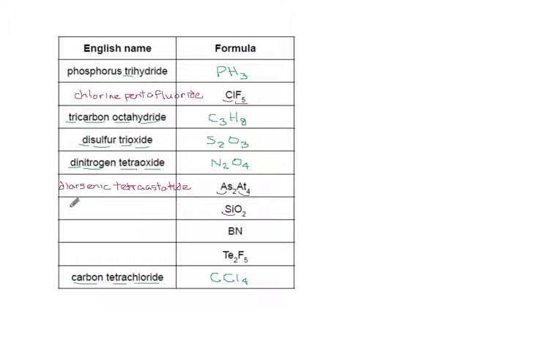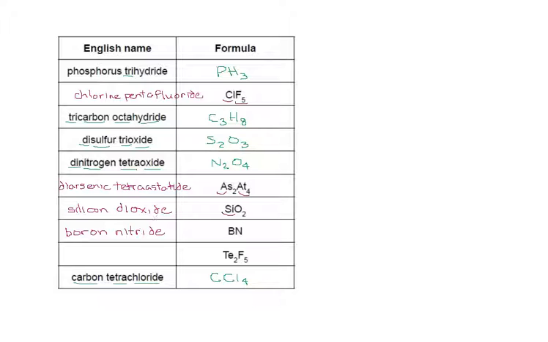SiO2. First element is silicon. If you want to say monosilicon, no problem. That's also correct. And 2 oxygens is dioxide. B is boron. N is nitrogen, but here the ending changes to nitride.